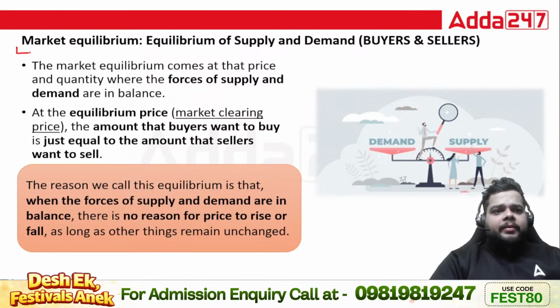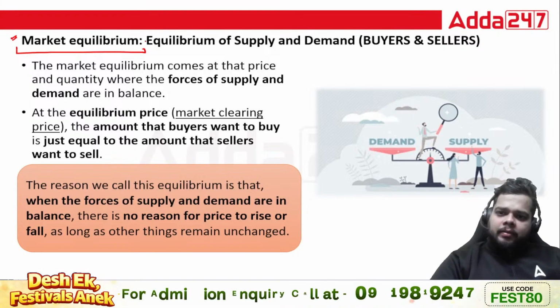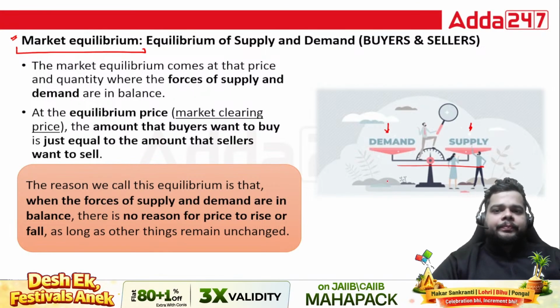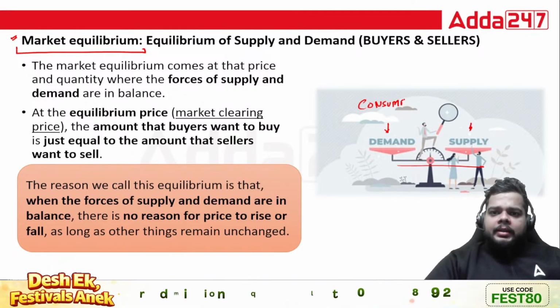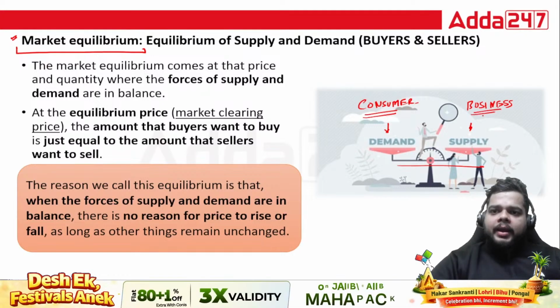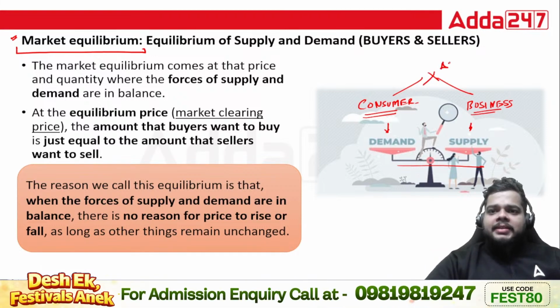Next, we have one more important concept in your supply and demand chapter, that is market equilibrium. What is this market equilibrium? See, the two market forces, demand and supply, whenever these forces are in balance. Balance means the consumers who are creating the demand and the business firms who are supplying the required commodities, both of them have no reason whatsoever to change the price.